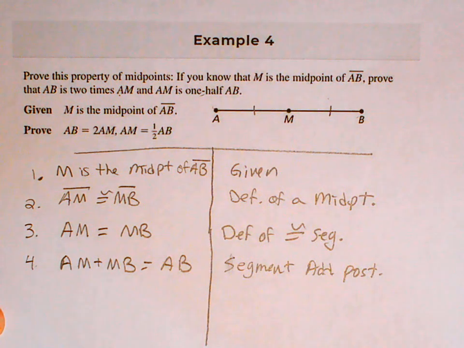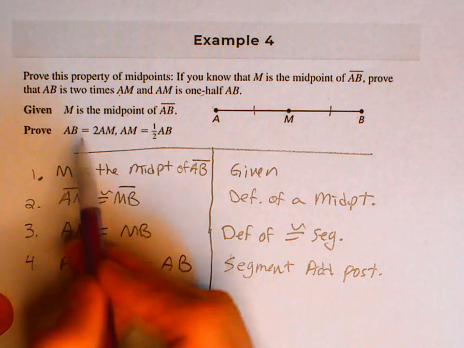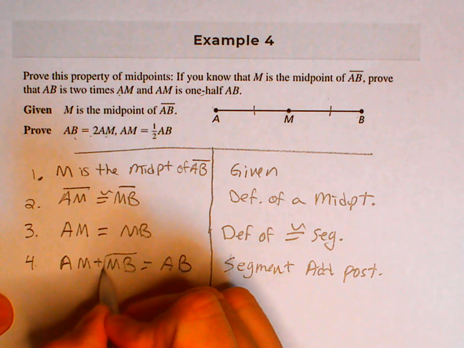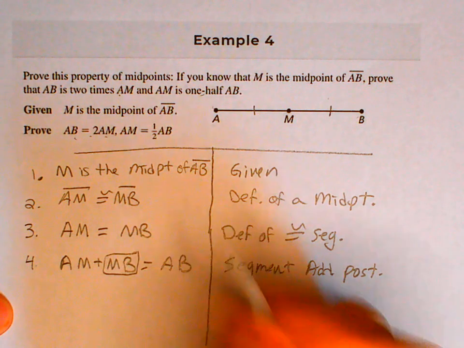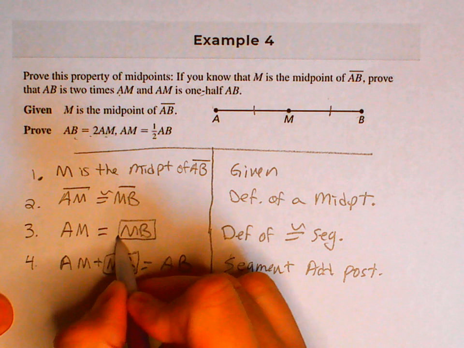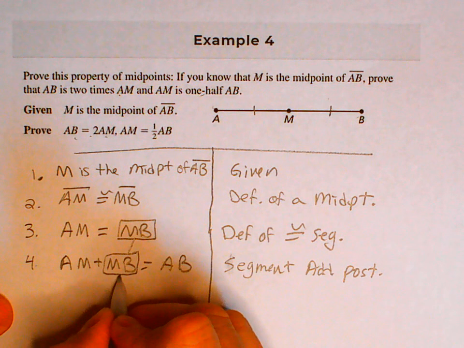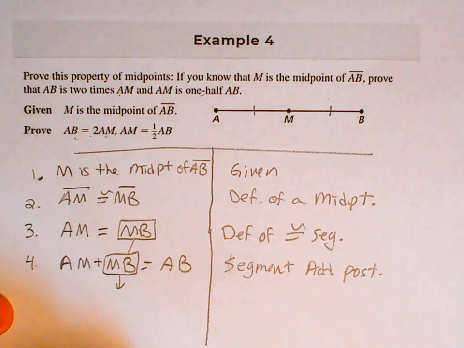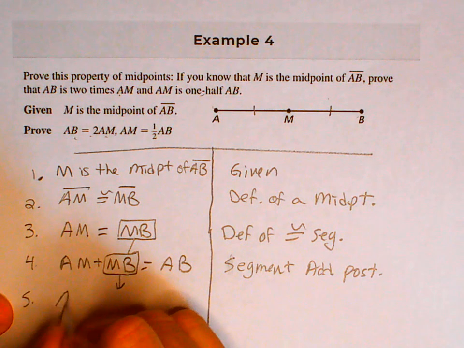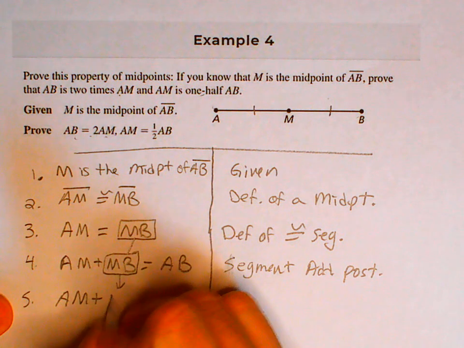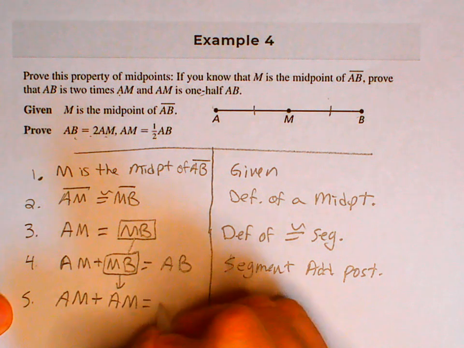So how is that going to help me? Well, keep in mind what I'm trying to prove. I'm trying to prove that AB is 2 times AM. So I'm going to look at this right here, and I'm going to look at this right here. If these two are the same thing, can I just replace this with AM? So I have AM plus, instead of MB, I'm going to write AM, and that's going to equal AB.